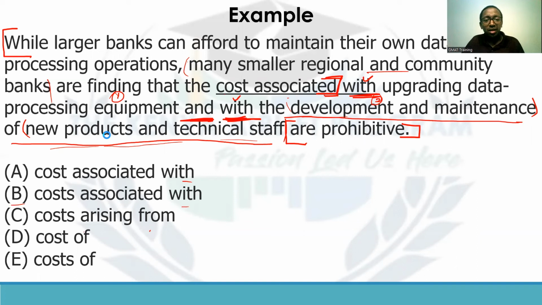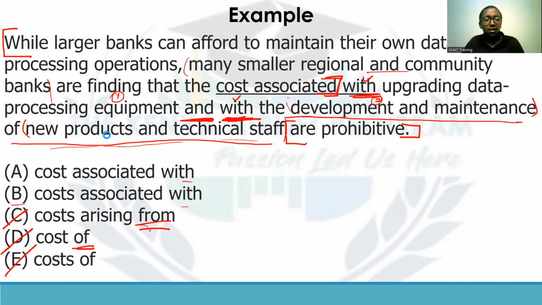So you have a "with" there, and then you have a "from" for our item list number 1. So for that reason, this is not parallel, we can eliminate C. D, cost of upgrading data processing equipment and with. So we have a "with" and an "of". So that's of course not parallel.